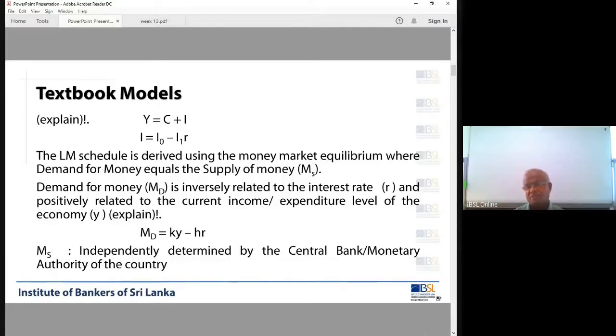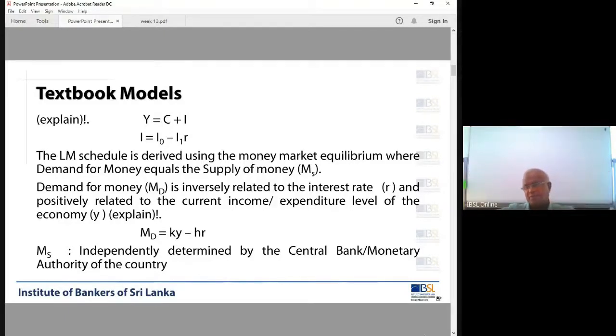In other words, central banks are supposed to implement the monetary policy to maintain the money stock. That has nothing to do with the interest rate. The money supply is exogenous, independent, outside the system.